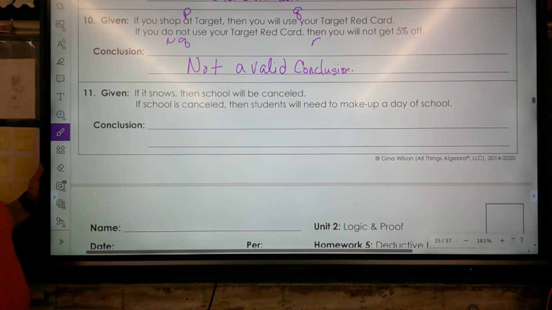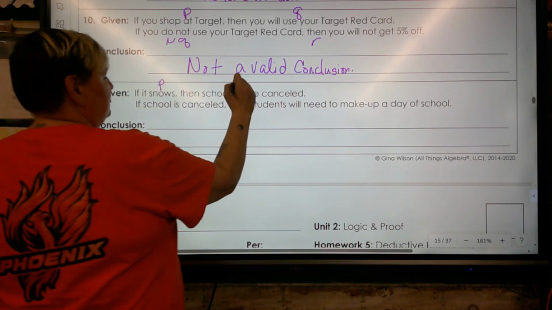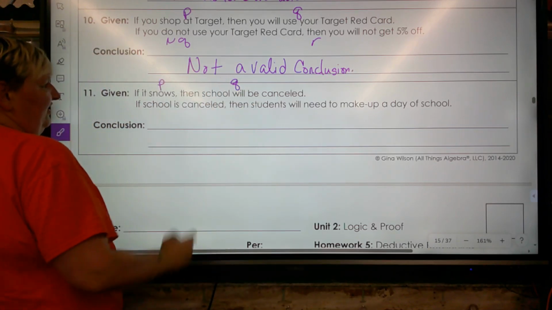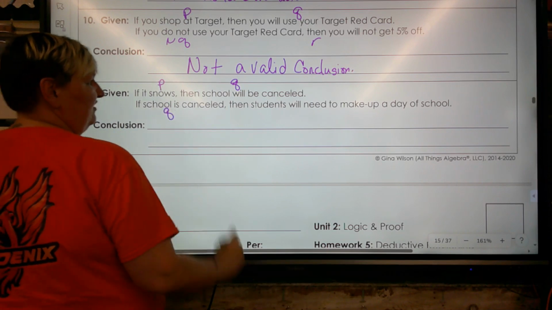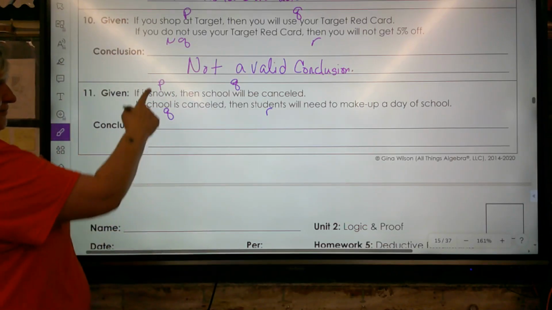Okay. 11, if it snows, then school will be canceled. If school is canceled, then students will need to make up a day of school.